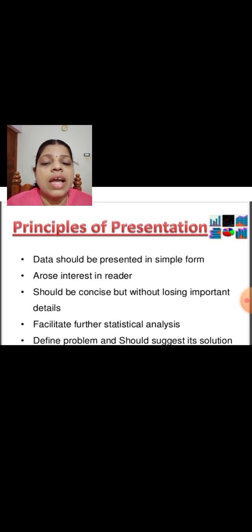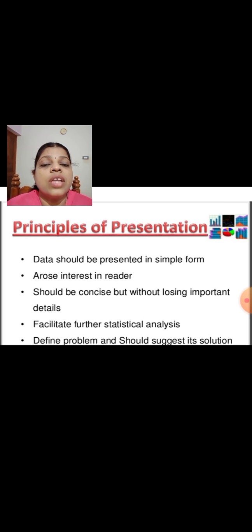The data should be reduced to a short form, but all the important details should be included. We should not skip any important details required for that data.